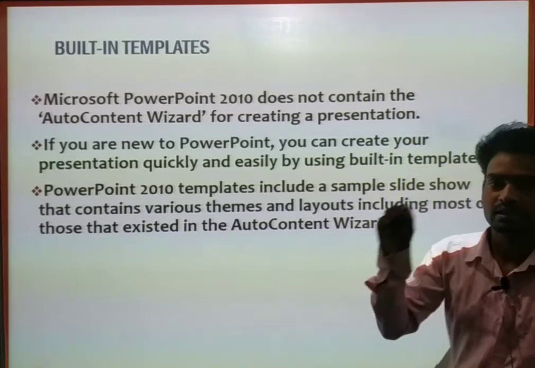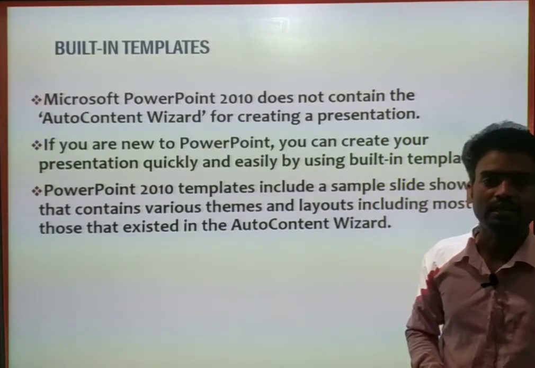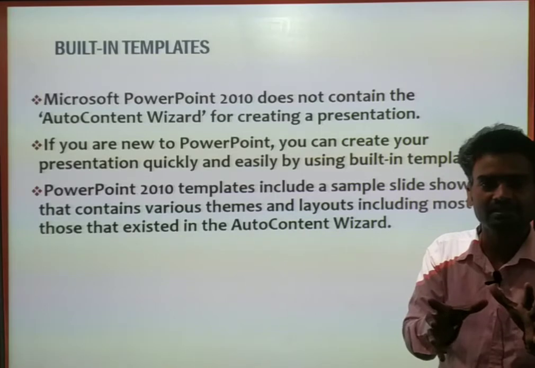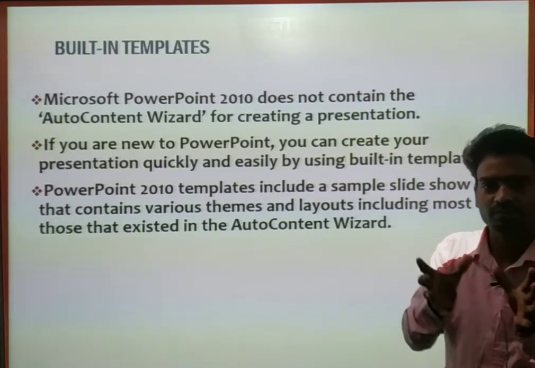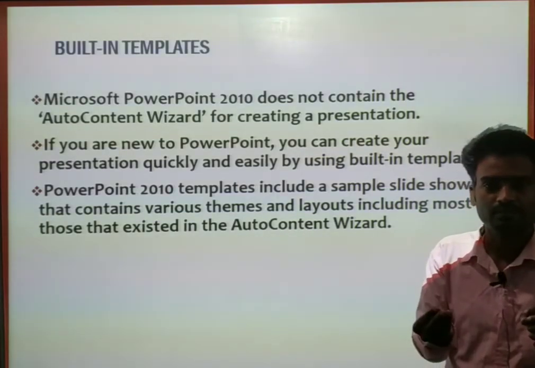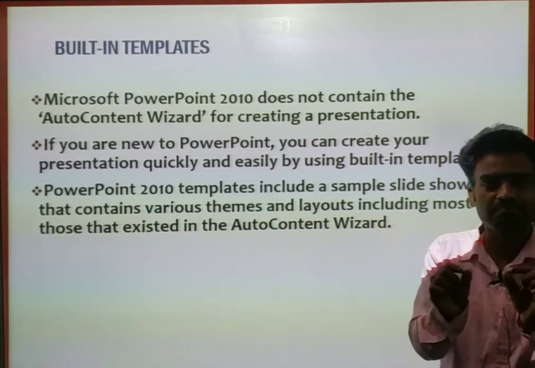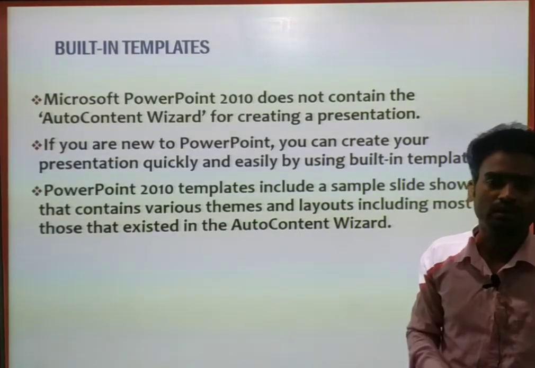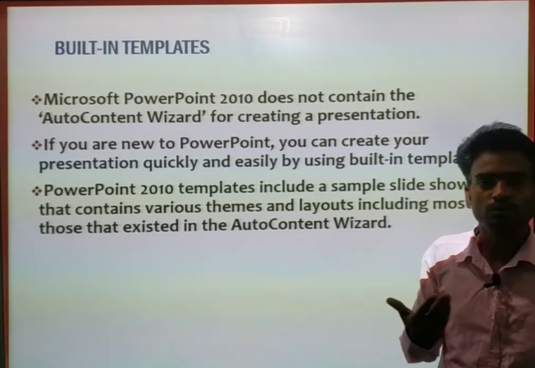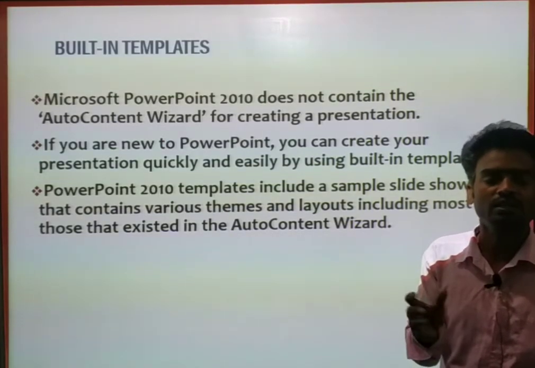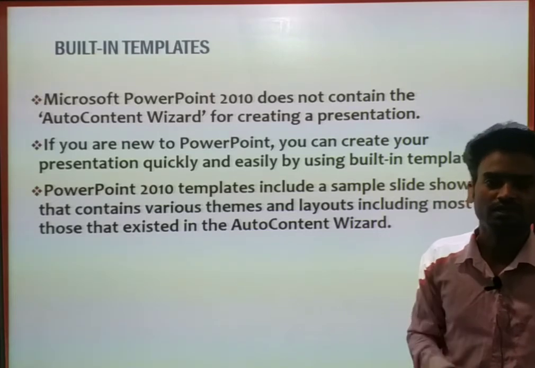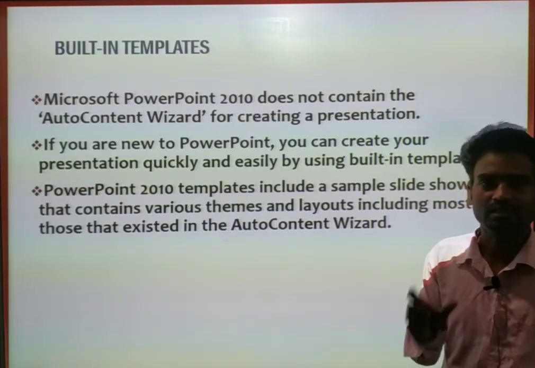So when we open a template, what happens? The template presentation has some samples, so that we don't need to worry about it. By using the samples, we can edit on our own. Whatever we want to change according to our content, we can change it. We can modify that content. That's what they say here.